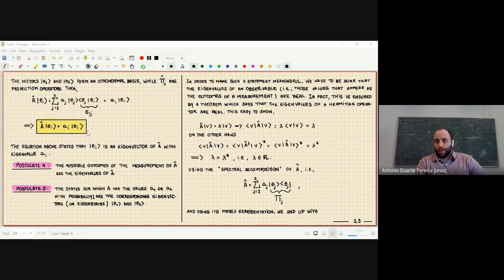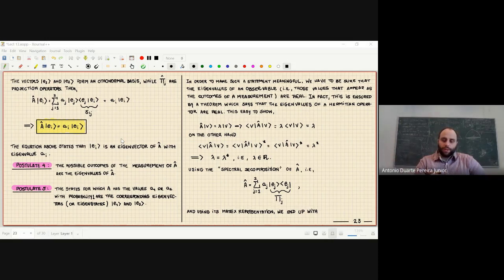Okay? So this way of representing an observable makes clear why we have situations where you measure just a finite set of possible values.